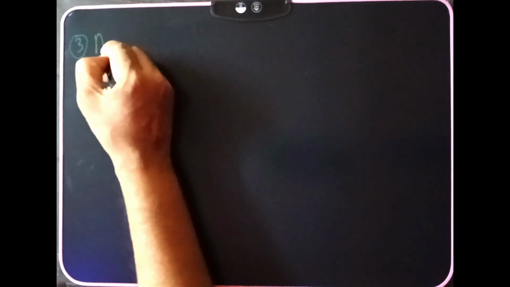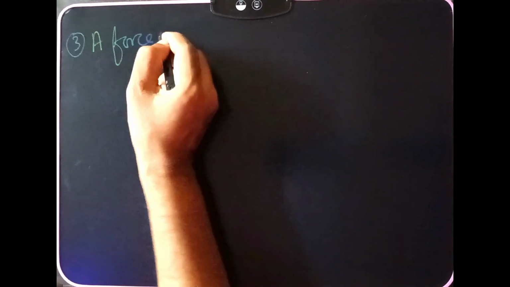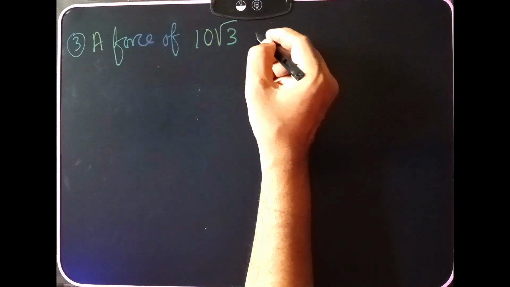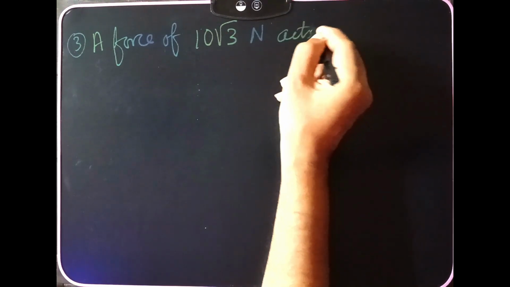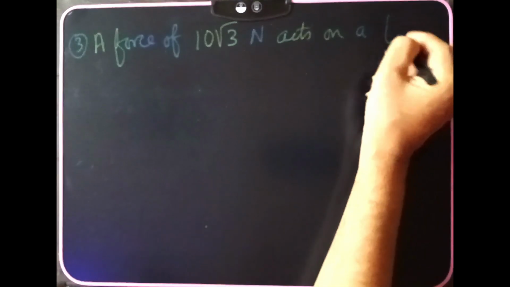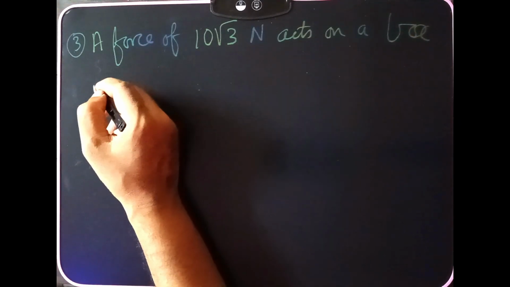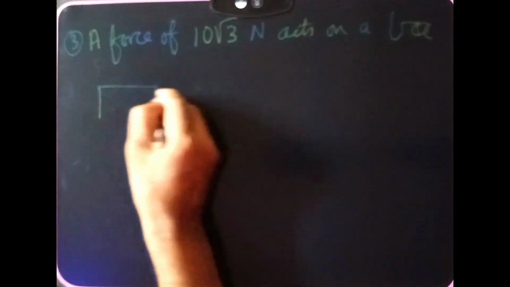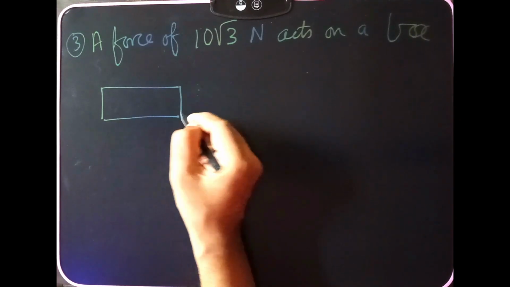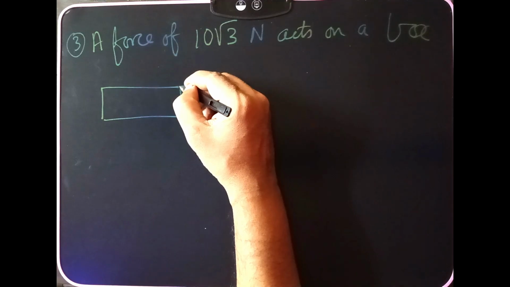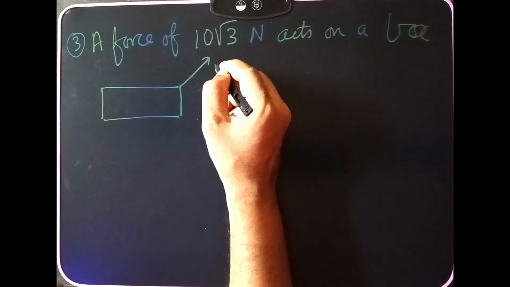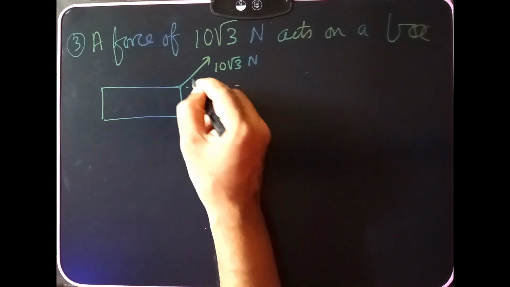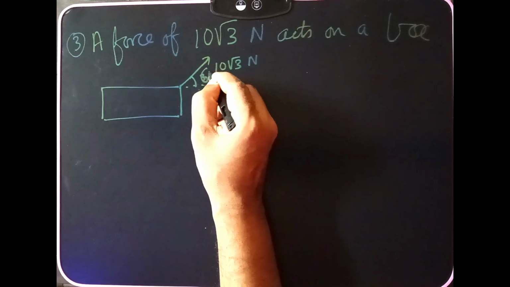Third, a force of 10 root 3 Newton acts on a box. So the box is here, and this is the force which acts on the box. This is 10 root 3 newtons. It is given that this angle is 60 degrees.